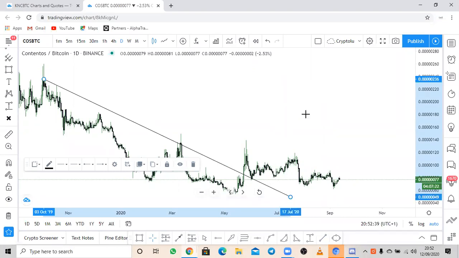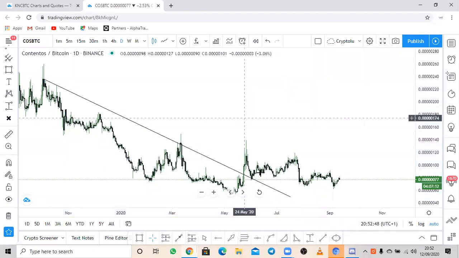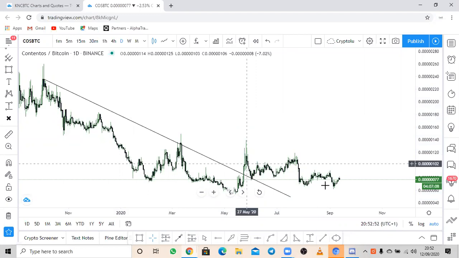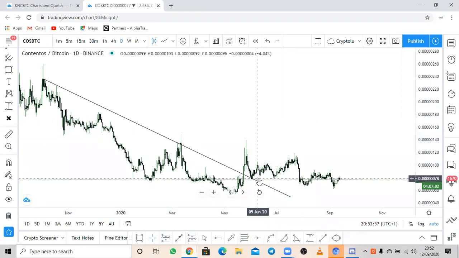These ones didn't go too low, they maintained their level and they're still a very good trade.